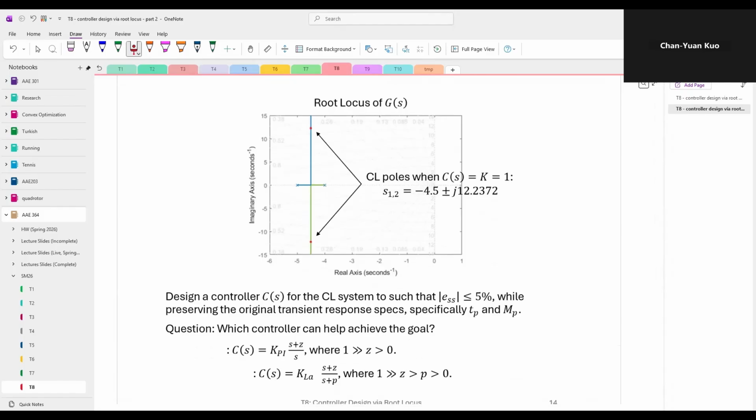Two common choices are a PI controller, which adds a pole at the origin and a nearby zero, and a lag compensator, which adds both a pole and zero near the origin, with the zero located further to the left than the pole.